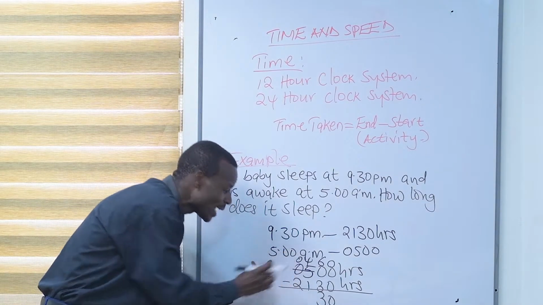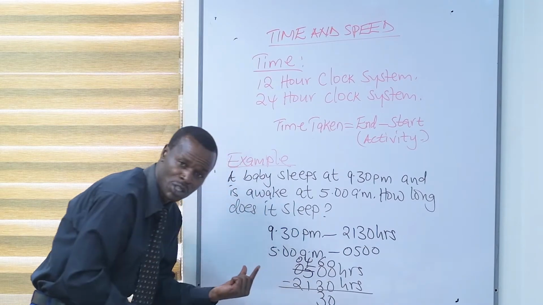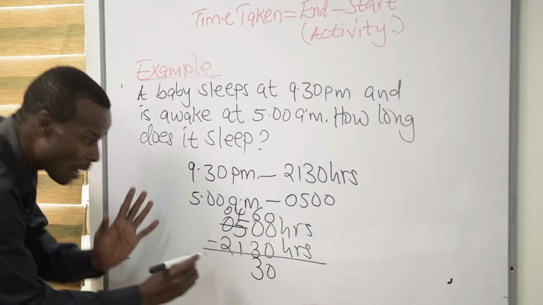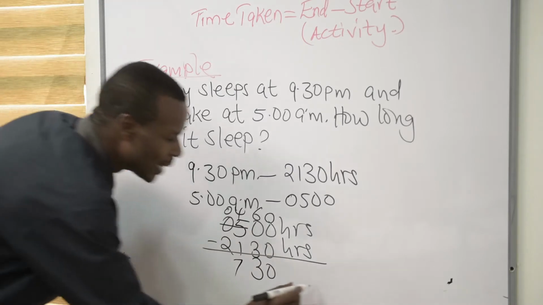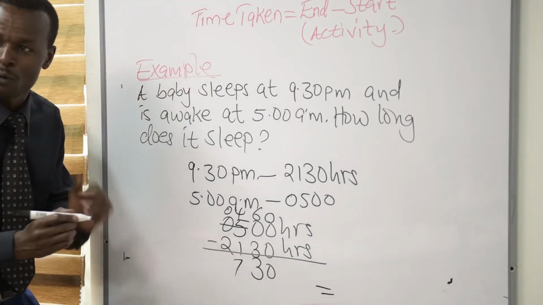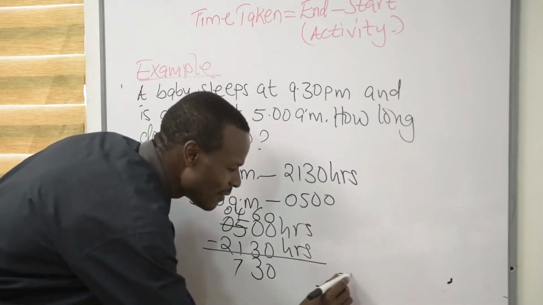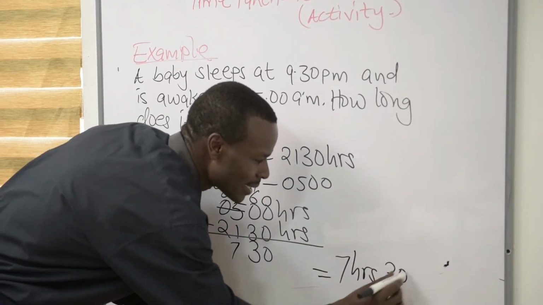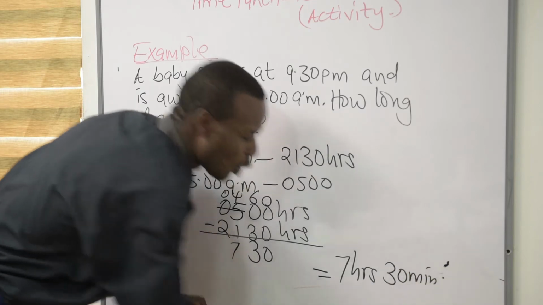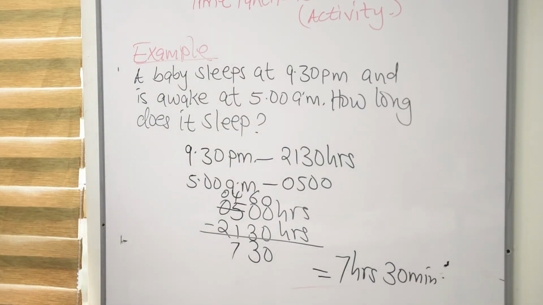So what is 28 hours take away 21 hours? That will be roughly 7 hours if your subtraction is right. Therefore, the time taken for the baby to sleep is 7 hours and 30 minutes, or 7.5 hours. If you say that, you guessed right.